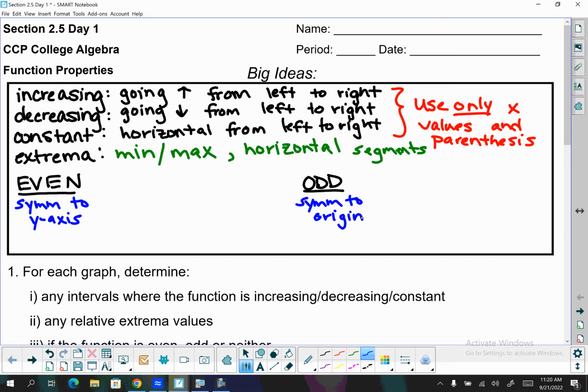If it has symmetry to the x-axis, it's actually not a function. It doesn't pass the vertical line test, so we don't even worry about that guy. These are the only two types of symmetry that can be functions that would pass the vertical line test. So even, symmetric to the y-axis, odd, symmetric to the origin, and then it could be neither if you have no symmetry.